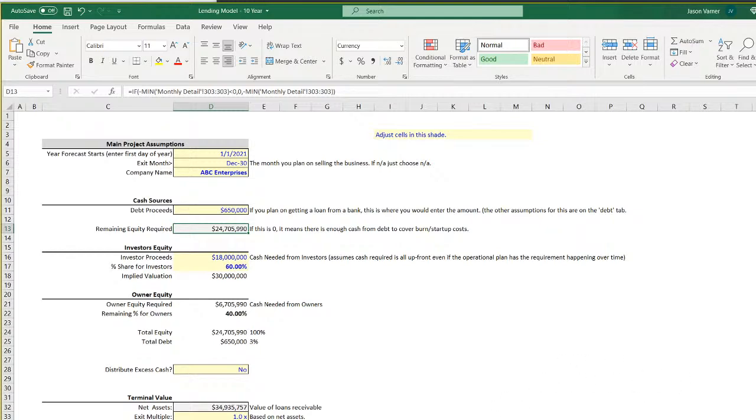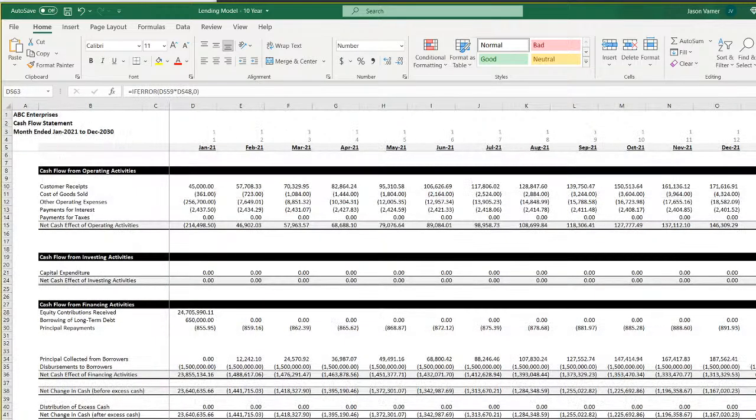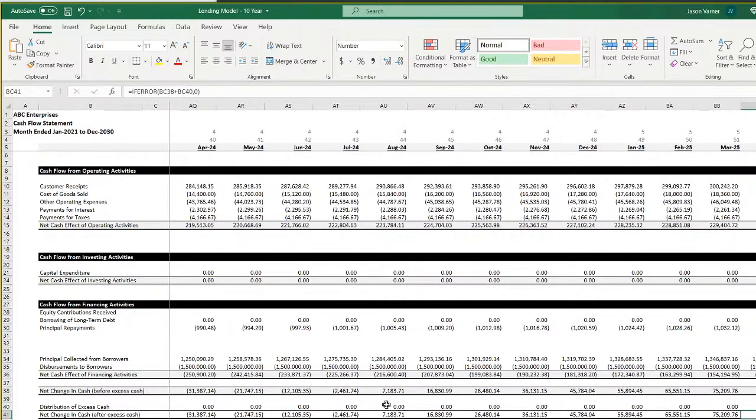As soon as this net change in cash becomes positive, here in month 44, now there's distributable cash flow. But until then, even though net income from operating activities is positive, it is being used to lend out more money.